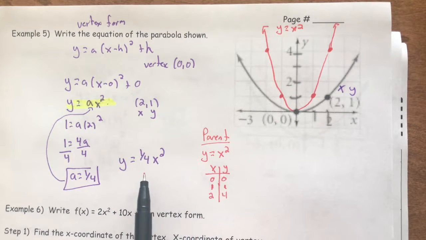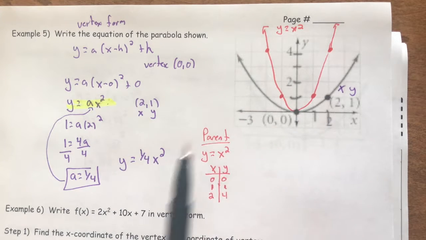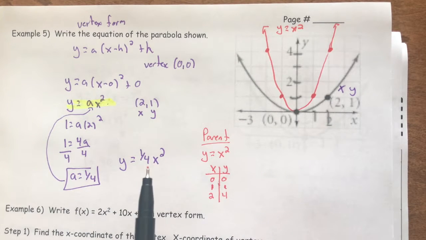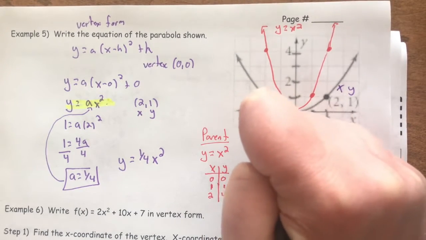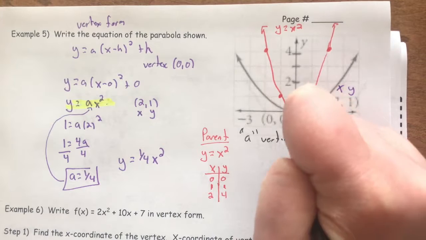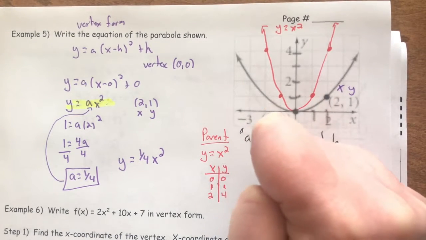We want to talk about how our a value affects our graph. Now we know when it's positive, it means our graph is going to open up. When it's negative, our graph is going to open down. But the a value can also be known as a vertical stretch or a vertical shrink. So my a value is a vertical stretch, or it's a vertical shrink.